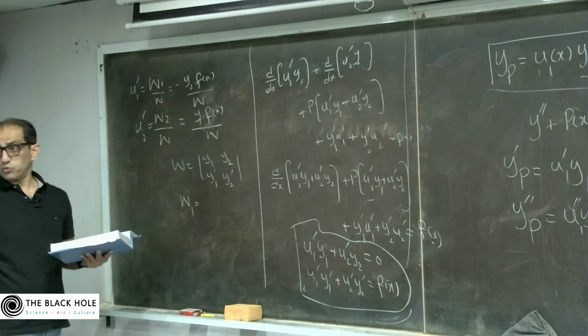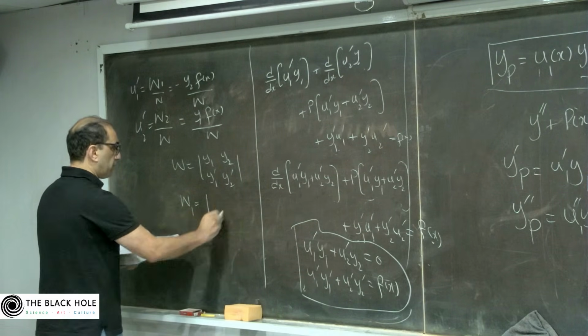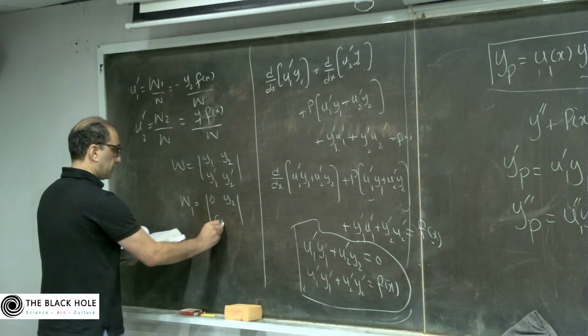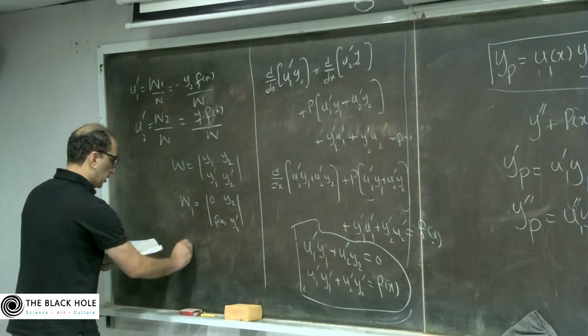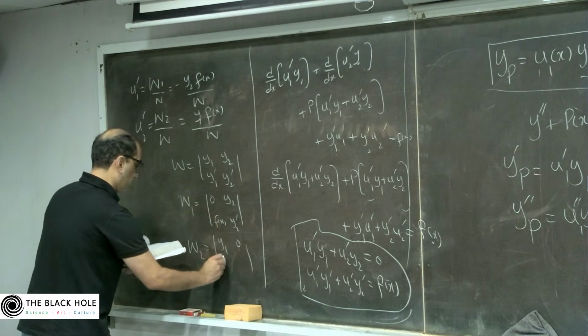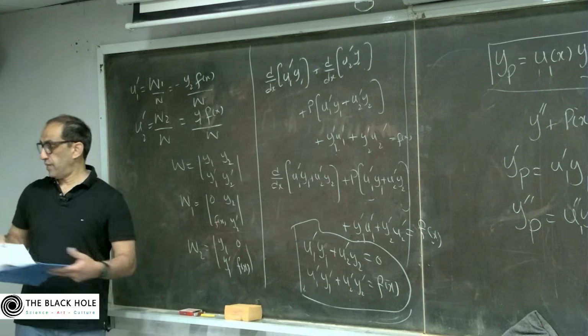If you do Cramer's rule, it's a matter of 5 minutes. You will find out that W1 will be equal to the determinant of 0, y2, f of x, y2 dash, and W2 is equal to the determinant of y1, 0, y1 dash, f of x, and that's it.